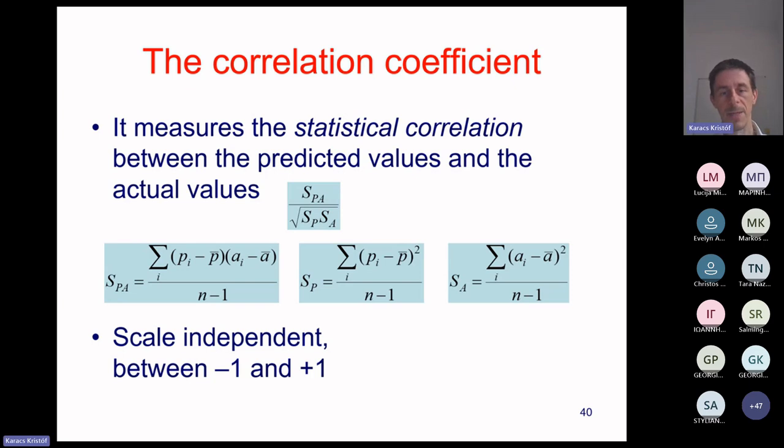Okay, then I will continue. So the formulae here give you an estimation of the correlation that you can compute based on the sample, and give you a further method to assess the performance.